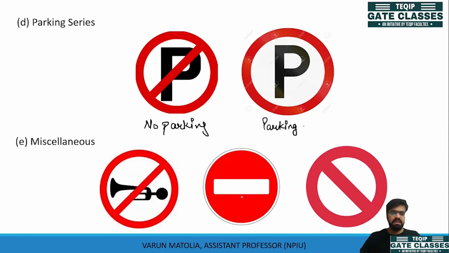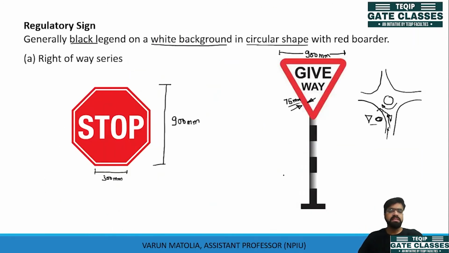Then this is no movement or restricted movement, means you are not allowed to go into the zone where these kinds of signs are provided. End of way sign means there is no way for the vehicle or the road is closed here. So these signs are miscellaneous signs out of your regulatory signs. You should remember the stop sign and the give way sign.